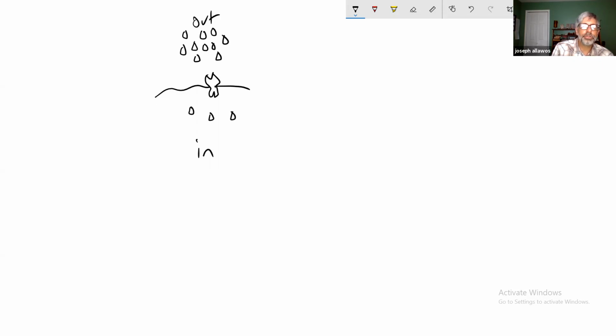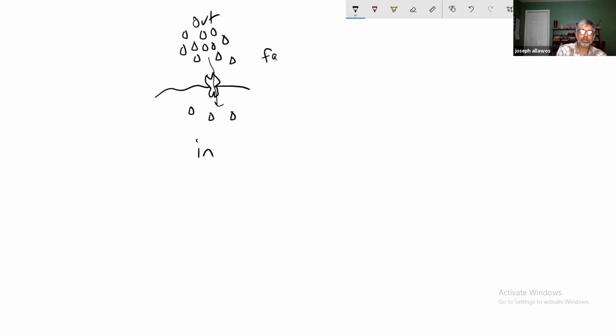The law of diffusion says that the glucose wants to go in which direction? Well, there's more outside than inside, so there's a concentration gradient that's forcing it in this direction. And so in this scenario, the glucose's movement is being facilitated by the protein, but no energy is required. In other words, diffusion will just allow this to happen without any energy because it's going with the concentration gradient.